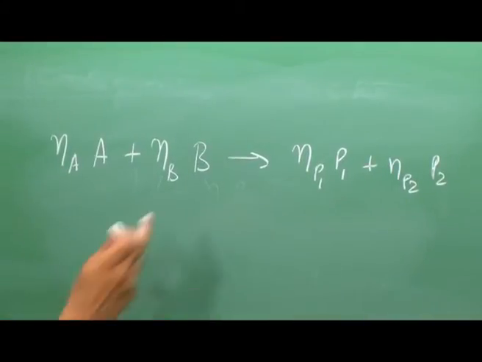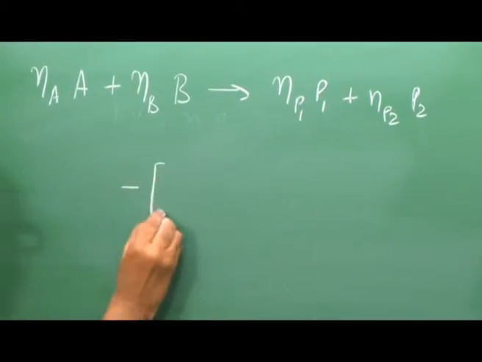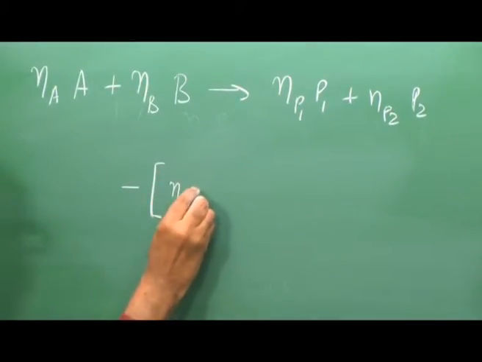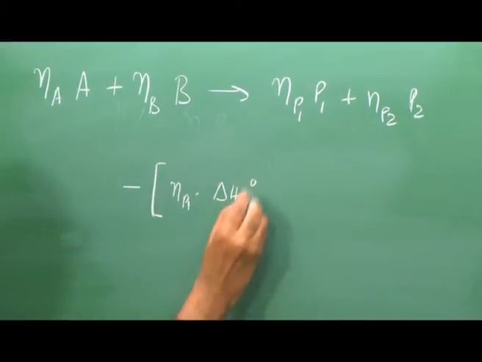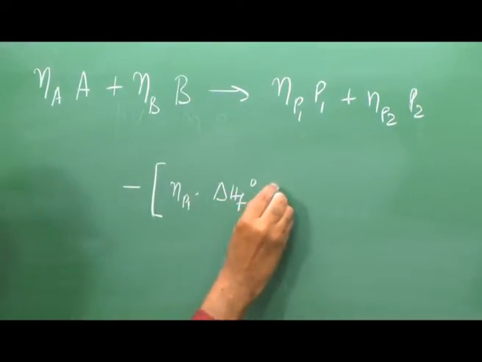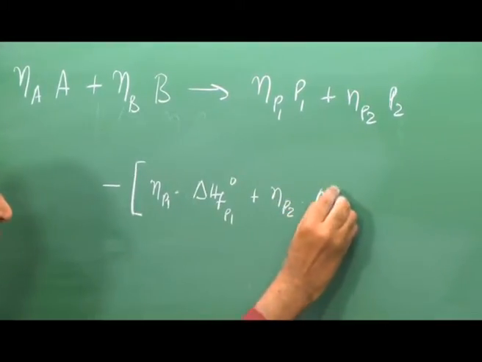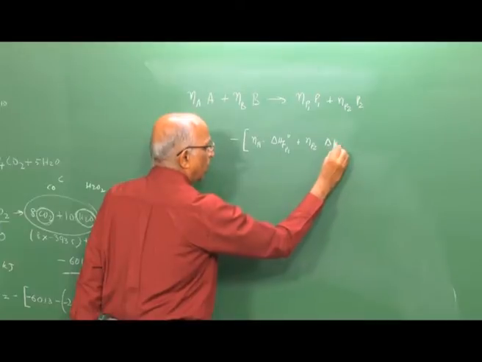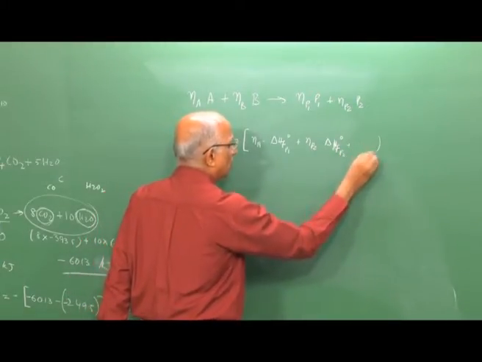The energy release from this is equal to minus of NP1 into the heat of formation at the standard condition for P1 plus NP2 into heat of formation at the standard condition for P2 plus so on. This is for the products.